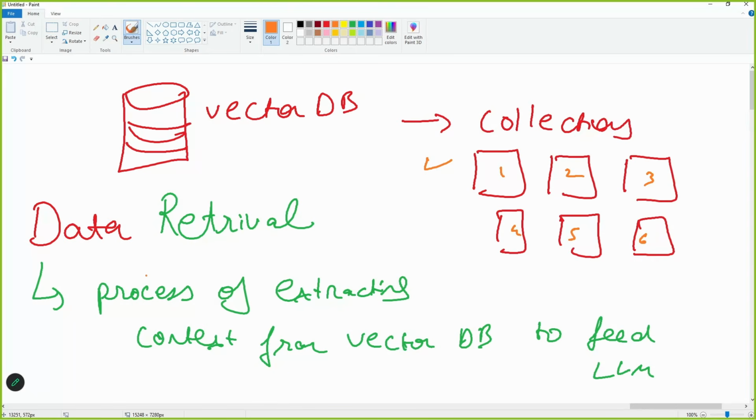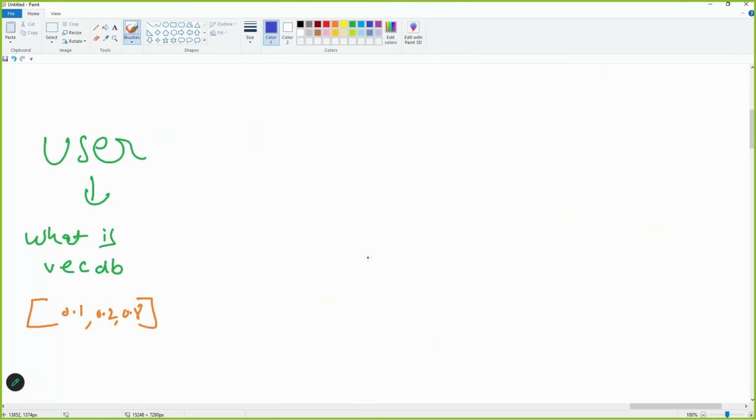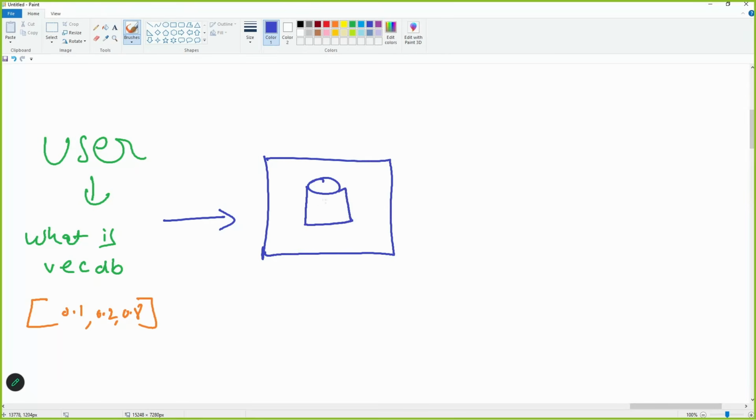Let us say, depending upon the vector, the closest collections were fourth, third, and second. So the retrieval phase is going to happen. In this retrieval phase, this new query will be compared to all the collections in the vector database, and we will get the top similar vectors. The top similar collections were fourth, sixth, and third.